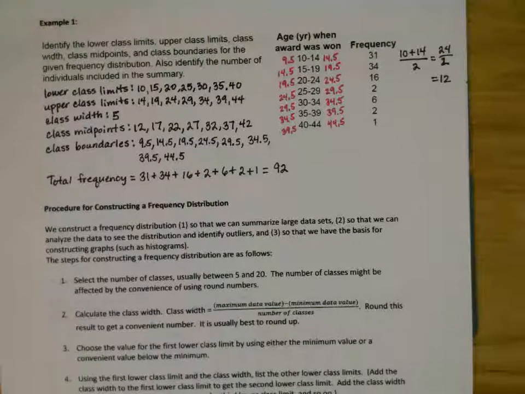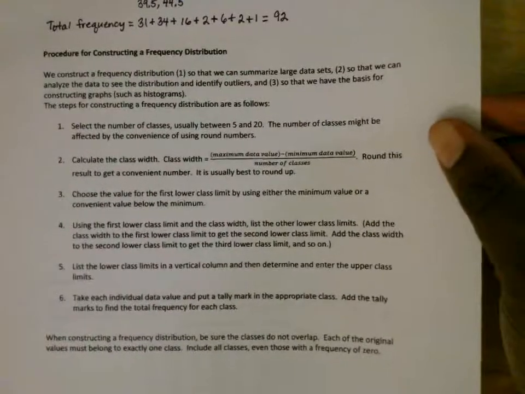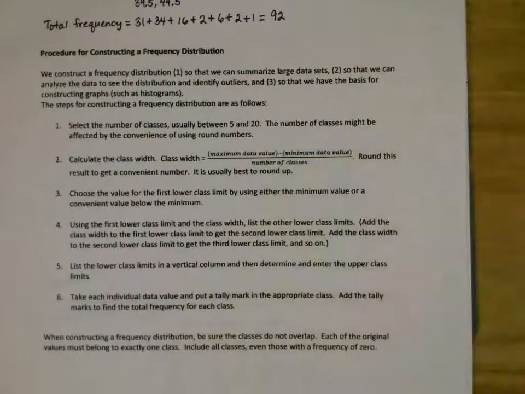Okay. So that's how we identify the bits and pieces that are in a frequency distribution. The lower class limits, the upper class limits, the class width, the midpoints, class boundaries, and the total frequency in that summary. Okay, now next is the procedure for constructing a frequency distribution.